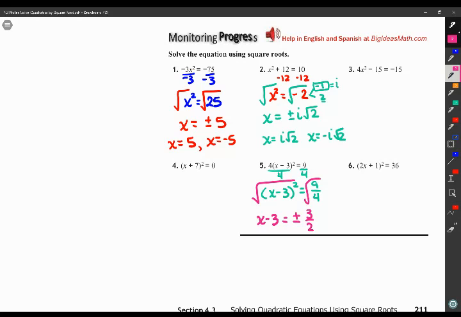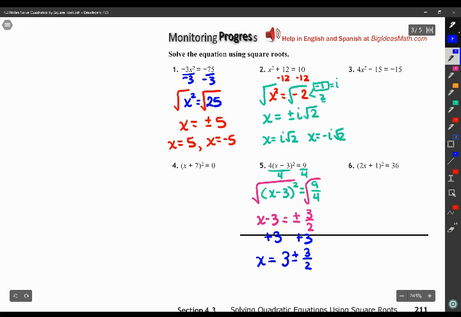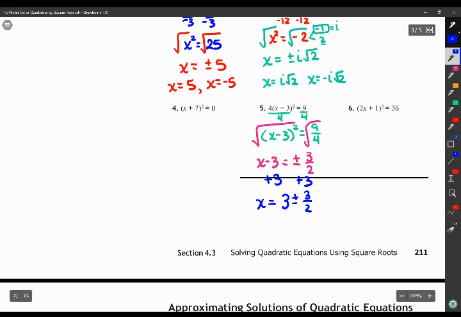And now I need to get the x by itself. So I'm going to add 3. And again, we get x is equal to 3 plus or minus 3/2. Whether you're doing that with your calculator, either one, I don't care.